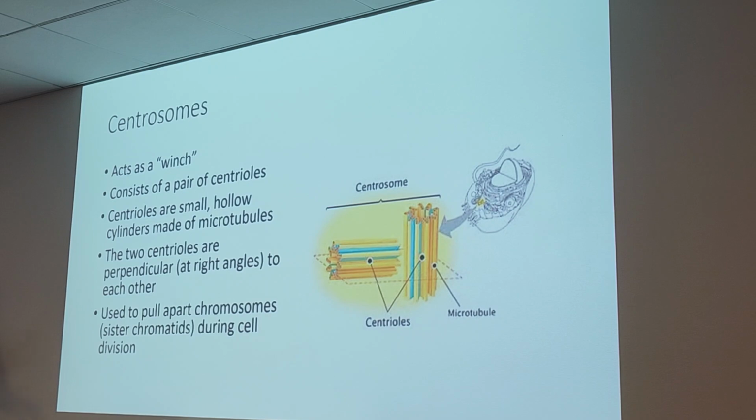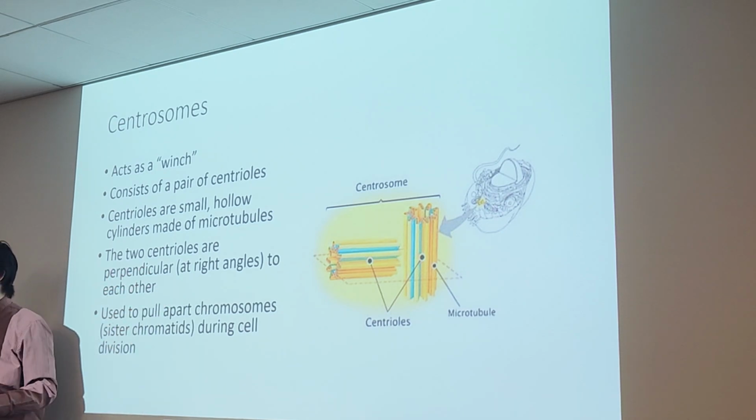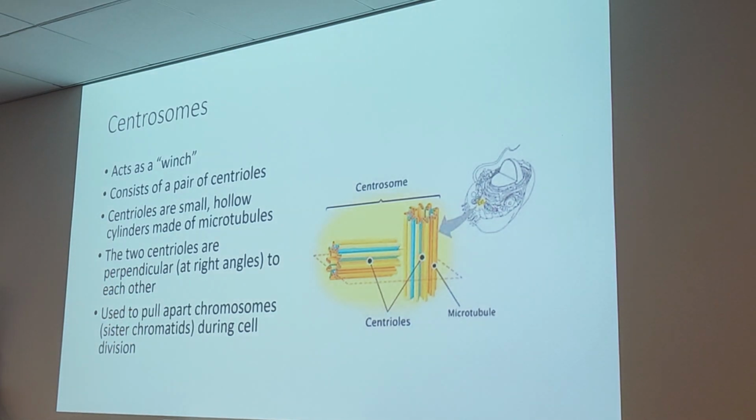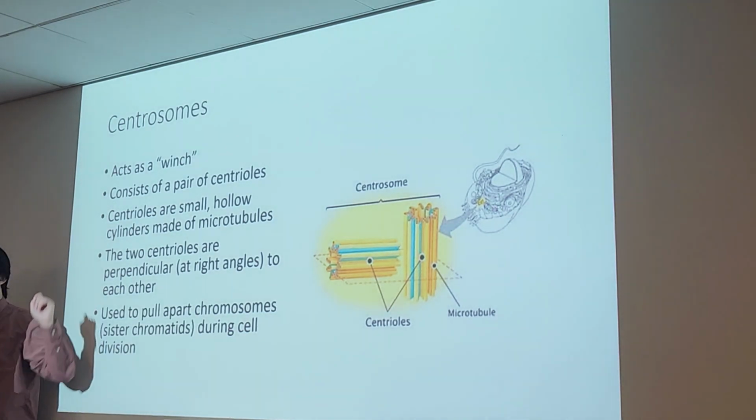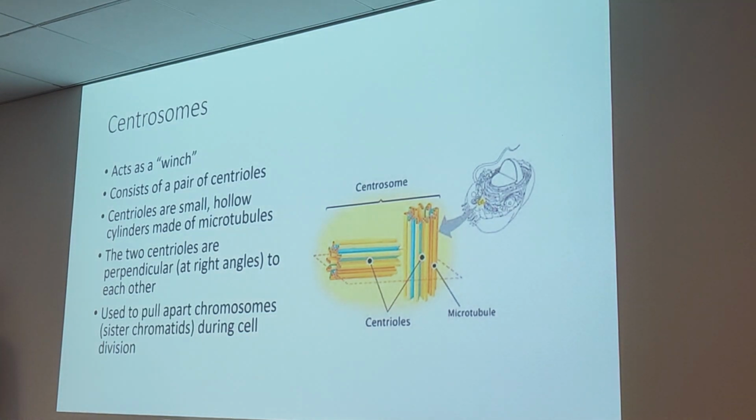We have chromosomes, we create copies of them, we line them up in the center of the cell, we attach them to strings called microtubules, and then we pull them apart. That way each half of the cell gets its own chromosome. Then you chop the cell in half, and now you have two cells. So centrosomes are used during cell division.